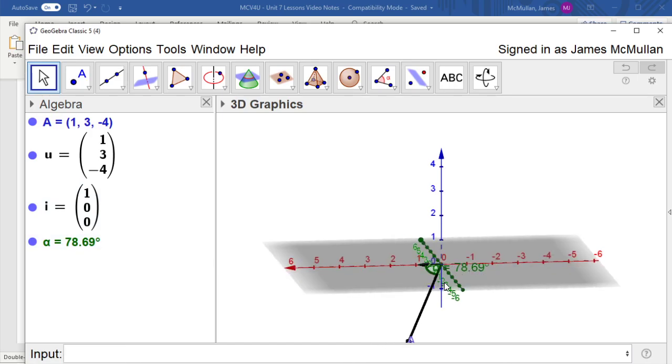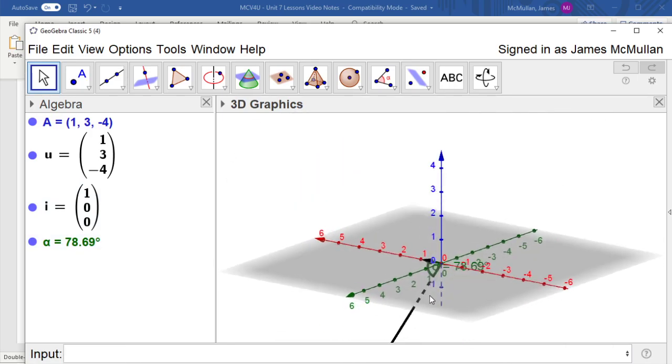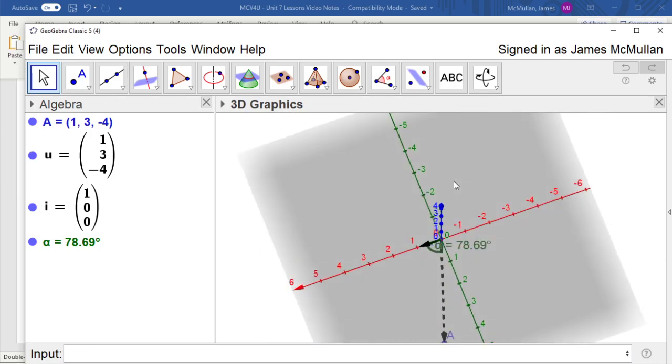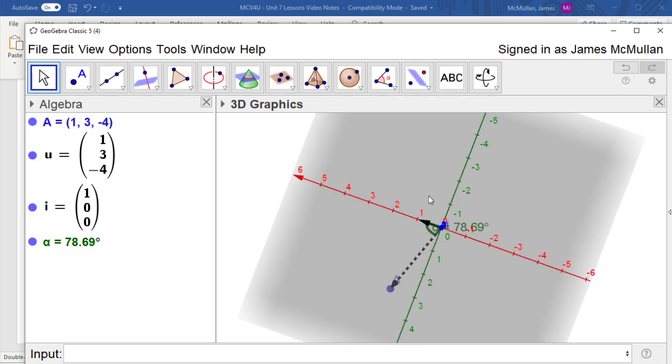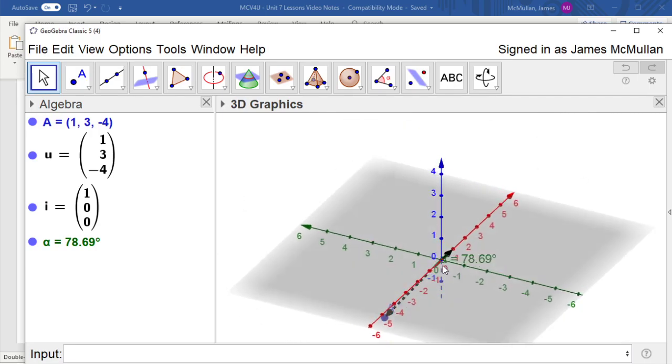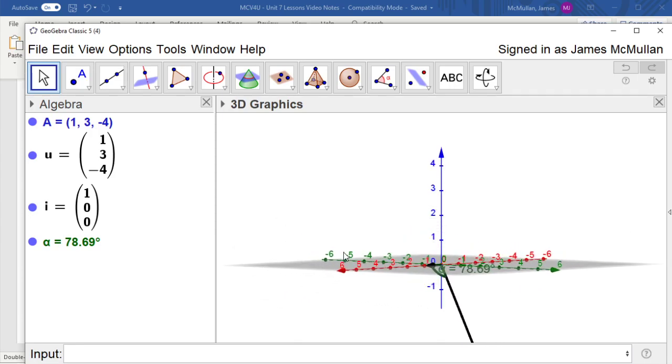You can see it makes a 78.69 degree angle with the x-axis. Sorry, I'm having trouble actually showing this, because I think I have it upside down, so it's not spinning the way I think it should. There's the angle it makes with the x-axis.